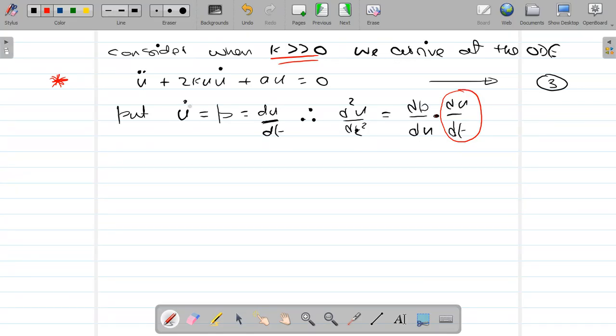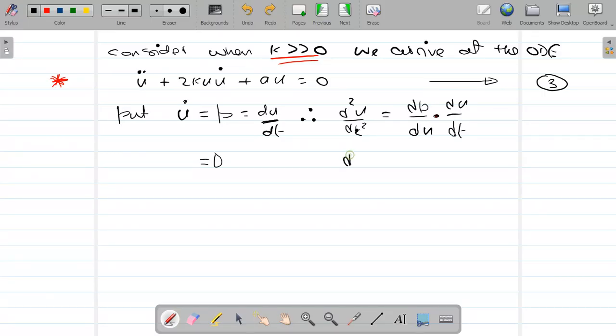Du by dt is just p, right? So I'll just get rid of that, and we'll rewrite that as d squared u by dt squared equals p. Just let me, I'm getting used to this writing pad. I'll do it all again there.